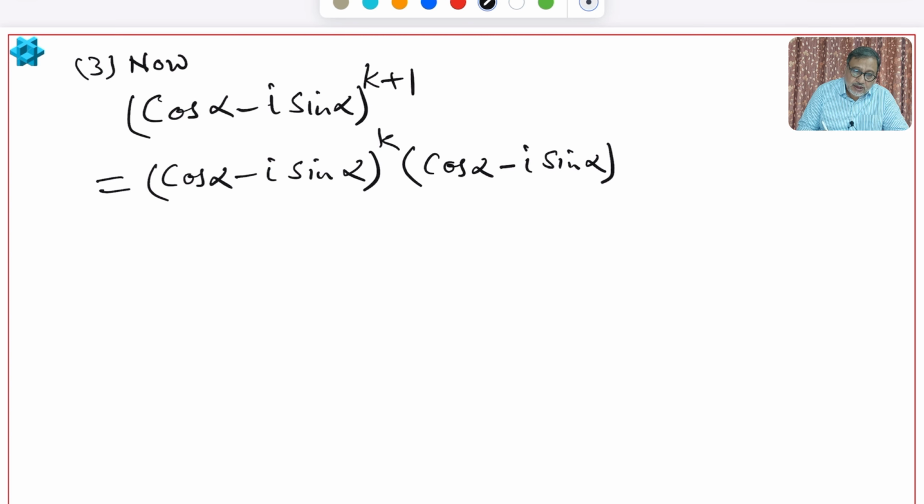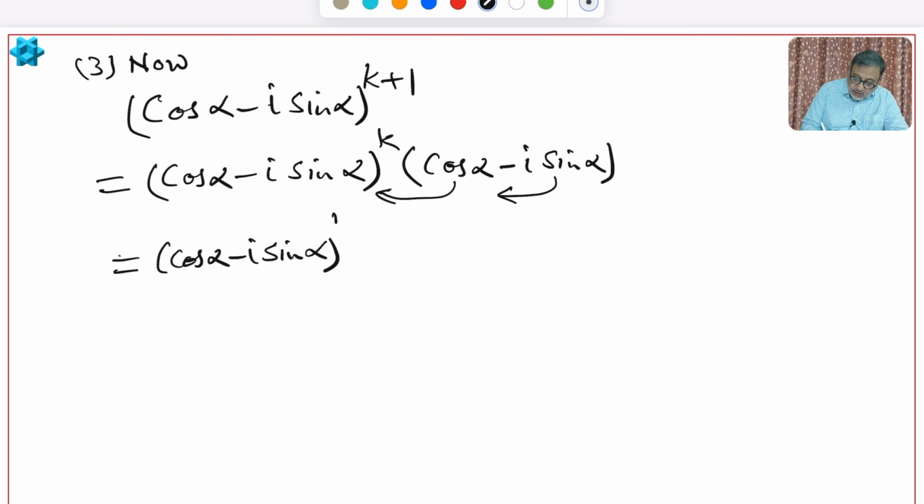Okay. Now, cos alpha I will multiply with this, and I sin alpha I will multiply with this bracket separately, okay? So cos alpha minus I sin alpha to the power k into cos alpha minus the same bracket into I sin alpha, right?